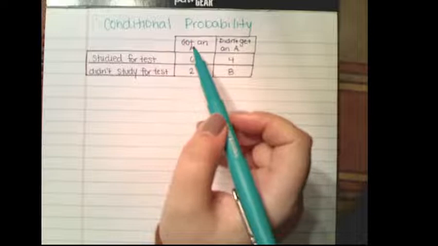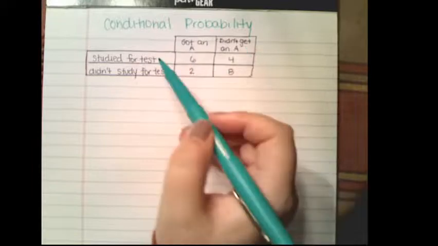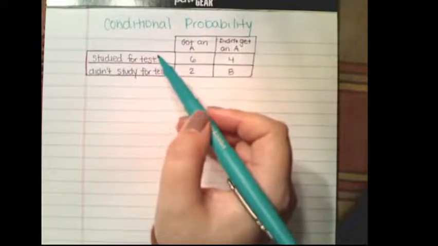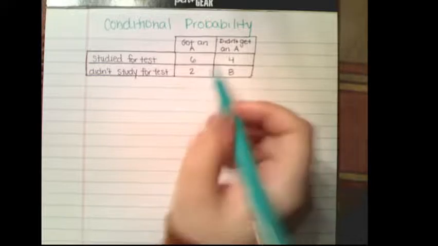So when we're given tables like this, it's called a two-way table. We have kind of like a yes and a no, like this person got an A, this person didn't get an A. This person studied for a test, but if you didn't study for the test, you did not study. So the first thing that we want to do once we have this table is get our row and column totals.